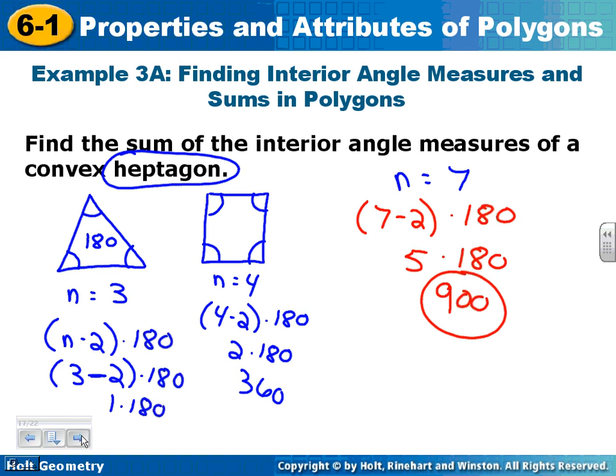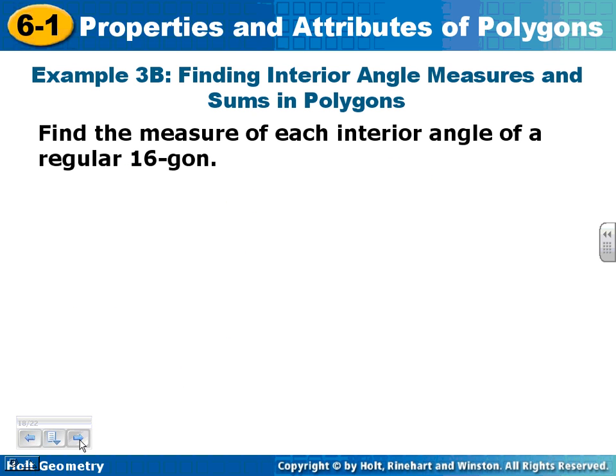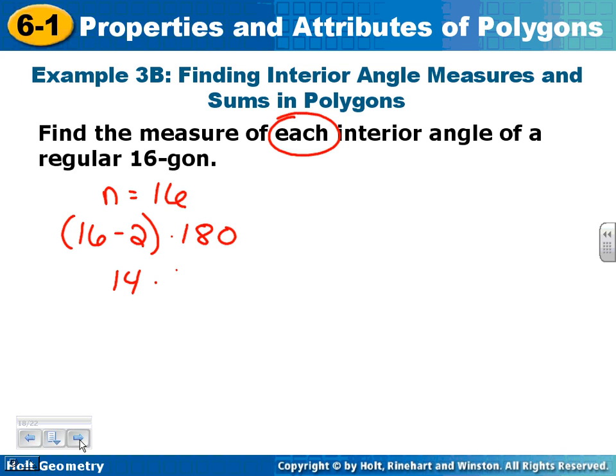The next one, switch it up here, find the measure of each, keyword each, interior angle of a regular 16-gon. In other words, n is 16. So my formula is 16 minus 2 times 180, which is 14 times 180.